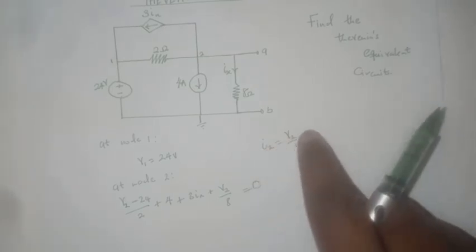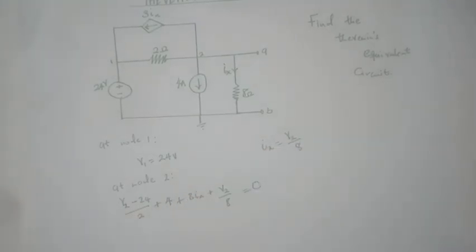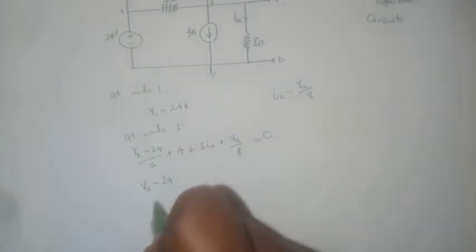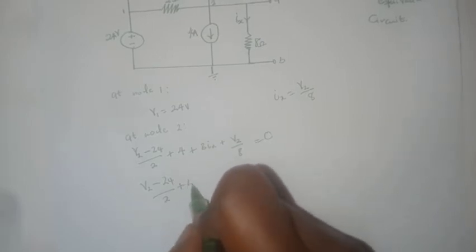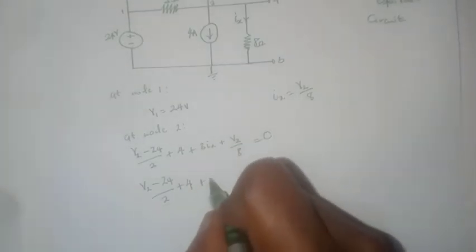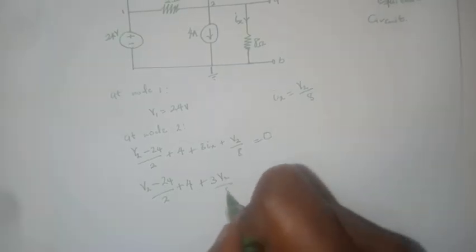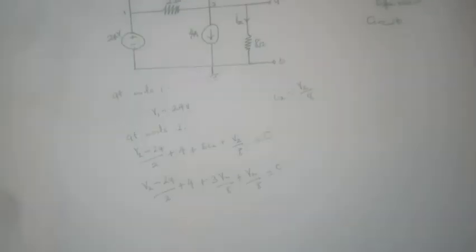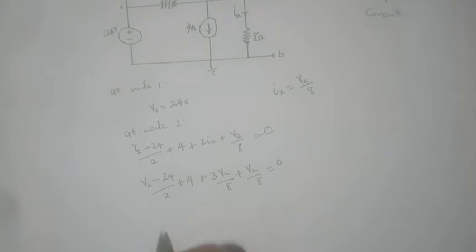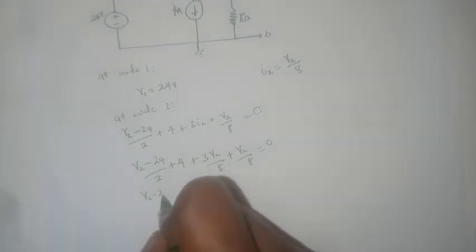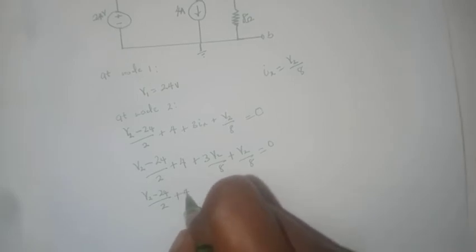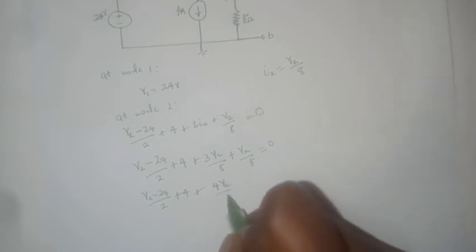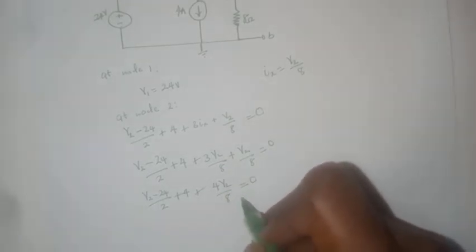Substituting, we will have V2 minus 24 over 2 plus 4 plus 3V2 over 8 plus V2 over 8 equals 0. Then if we add all this together, we have V2 minus 24 over 2 plus 4 plus 4V2 over 8 equals 0.